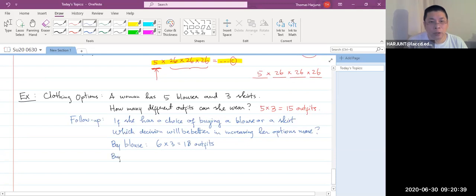And if she bought a skirt instead, it becomes 5 times 4 outfits. So in this case, buying a skirt is better.